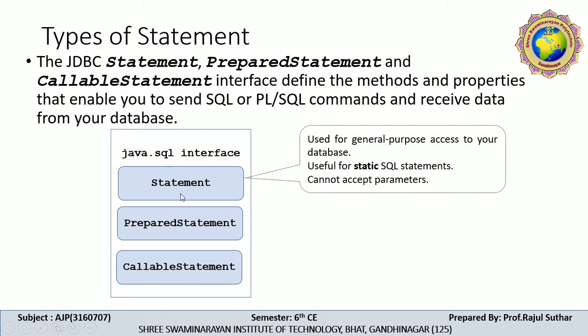This is nothing but the static SQL statement. You have an idea about static and dynamic SQL statements. If we are performing any changes, static becomes dynamic, and fixed content is provided in a static SQL statement.